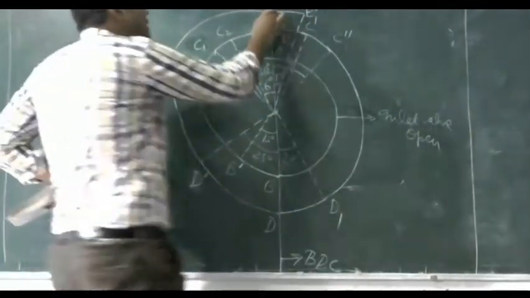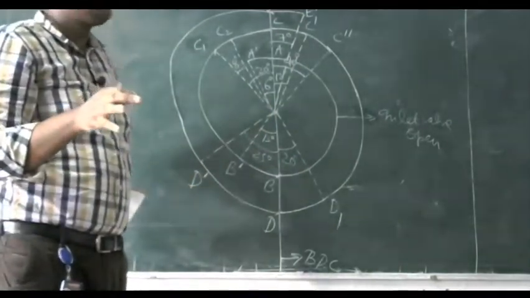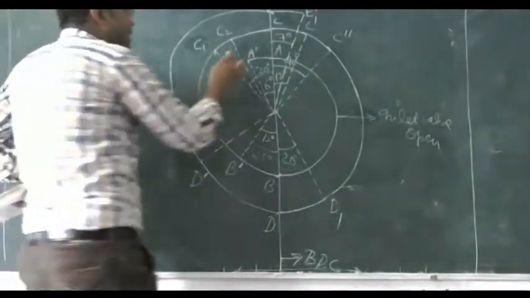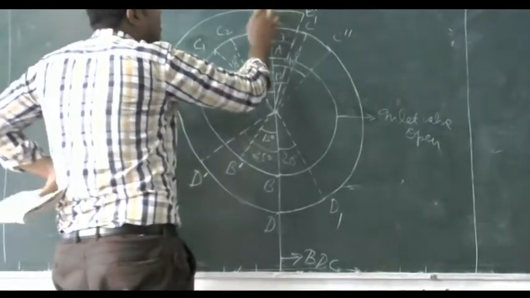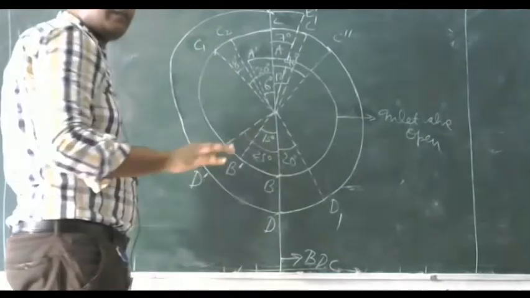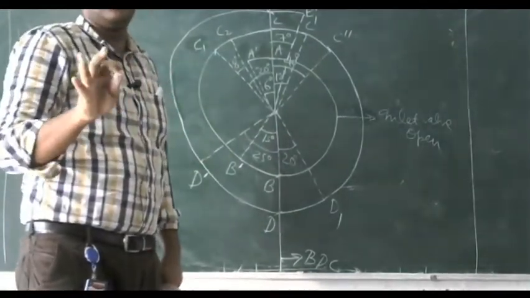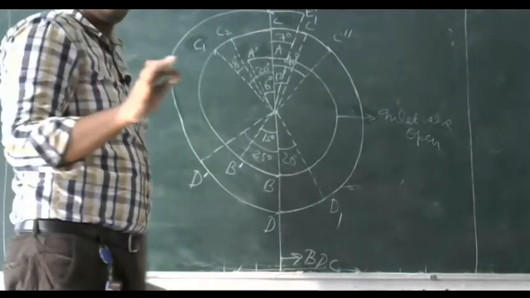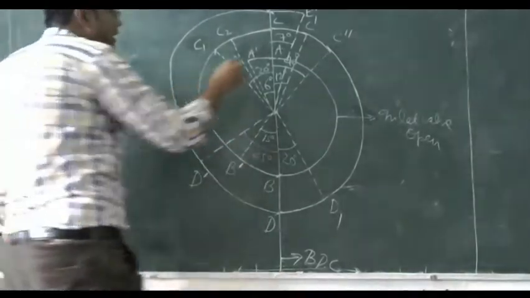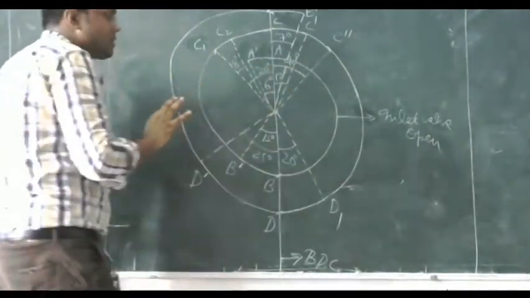So from A dash to A and from E to E dash, both the inlet valve and the exhaust valve are open. You can see this only in these distances, not for the whole cycle.